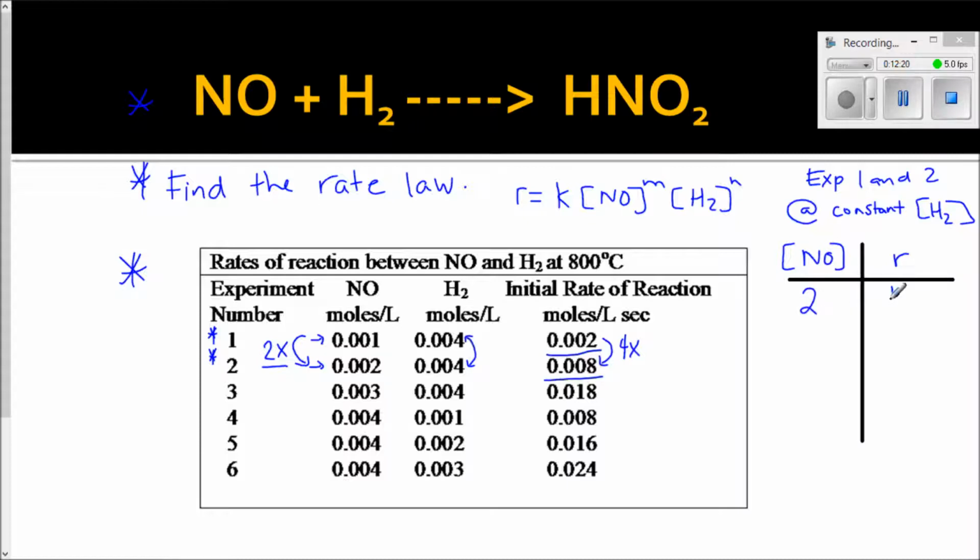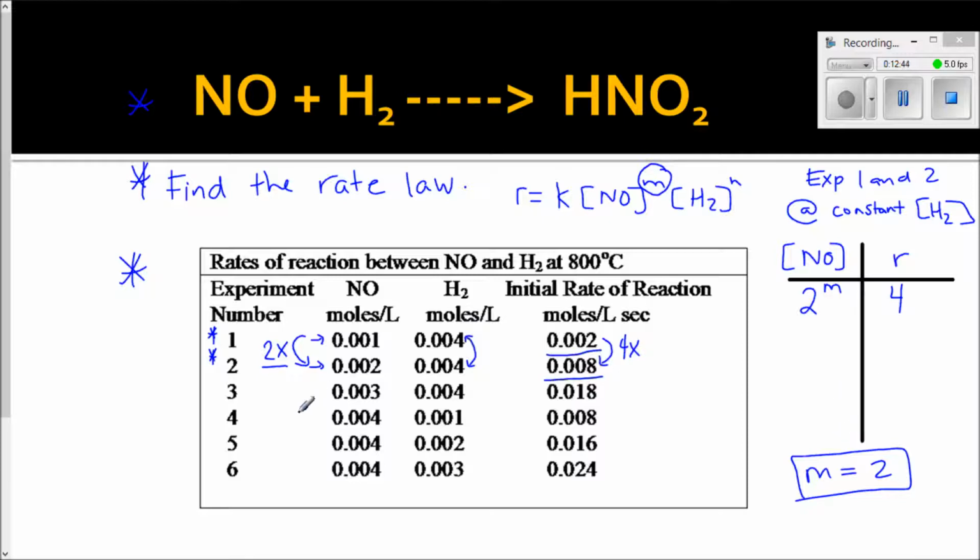So therefore, can anybody tell me what exponent should go here? What exponent would go when we double the concentration? Well, the answer is M is equal to 2. So we just found the order of the reactant M. It's equal to 2 by doing this experiment.